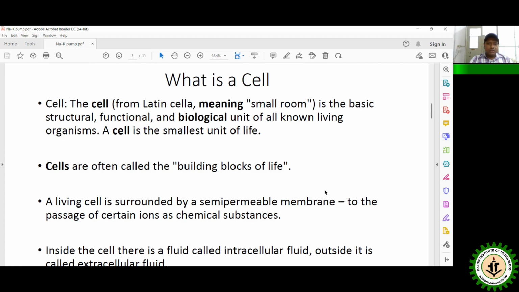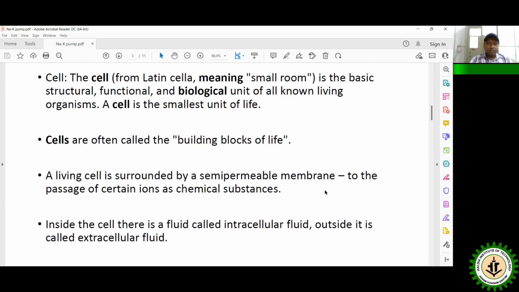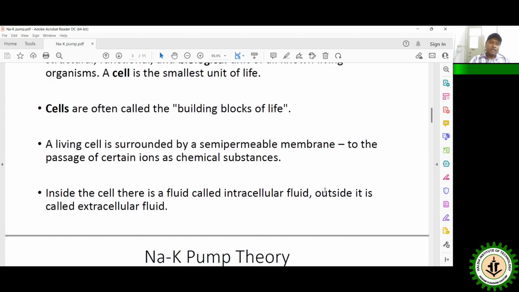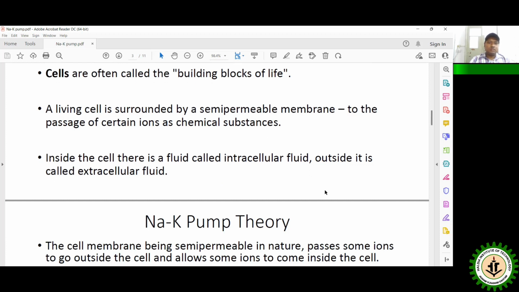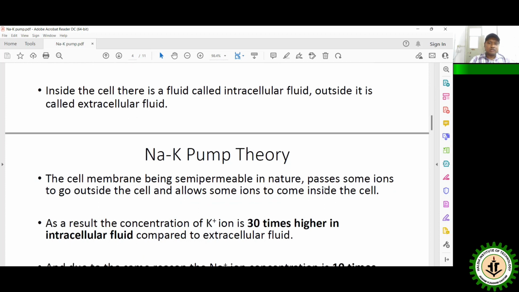A living cell is surrounded by a semi-permeable membrane, which I have already discussed in the previous slide, that allows passage to certain ions and chemical substances. That is why some ionic concentration is maintained from inside to outside. Inside the cell there is a fluid called intracellular fluid, and outside it is called extracellular fluid.